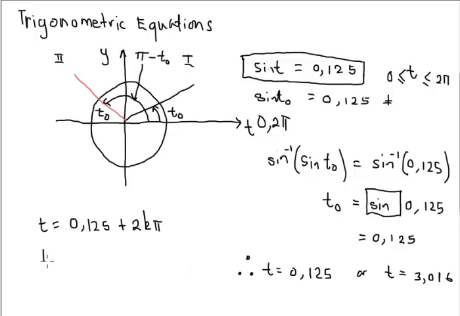And then the other one will be T equals 3,016 plus 2k pi. What kind of an animal is k? It's a number which is supposed to be an integer.